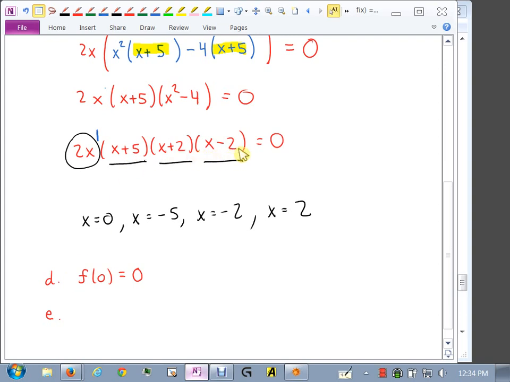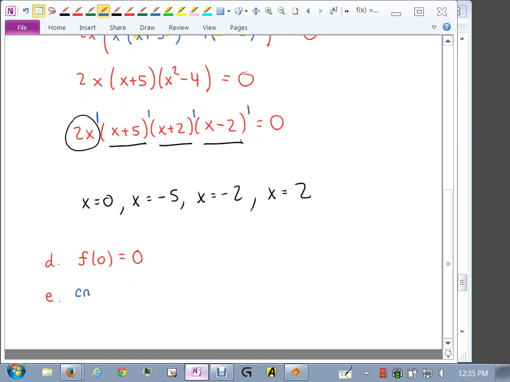Look at all of them. All the factors are odd, aren't they? They're all 1, 1, 1. So that means every x-intercept we are going to cross. So I'm just going to put here cross at all x-intercepts. Worked out that way. Make sense?